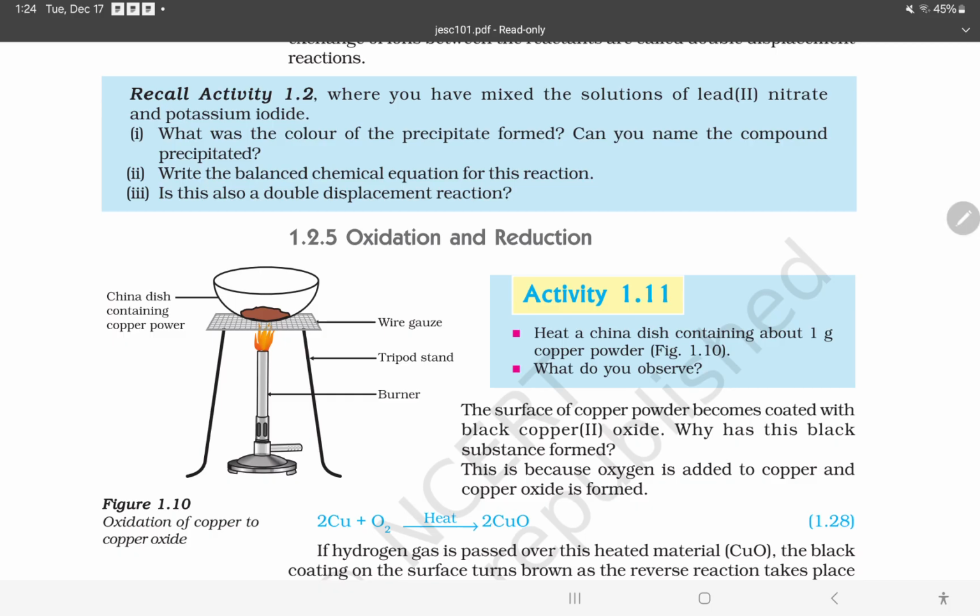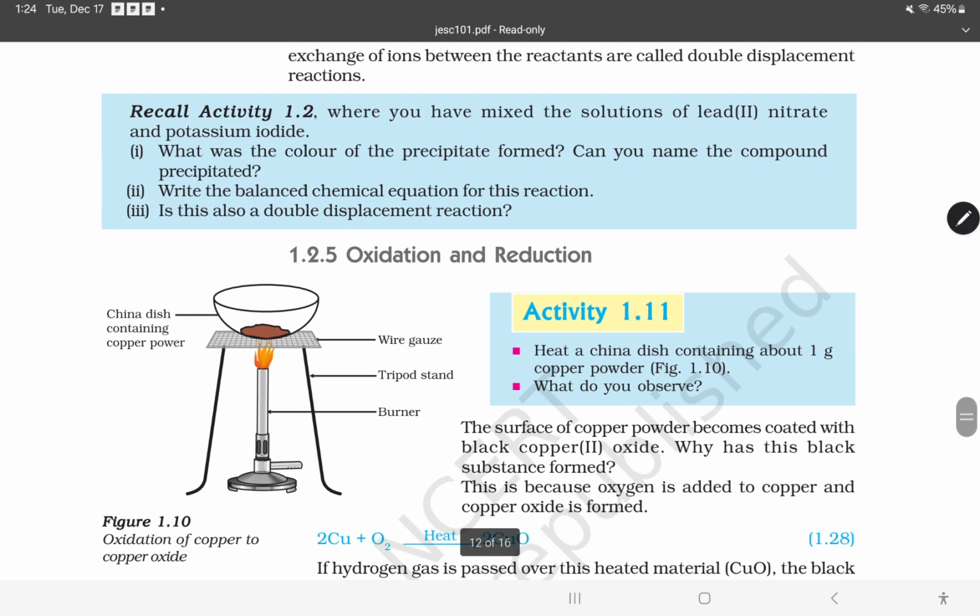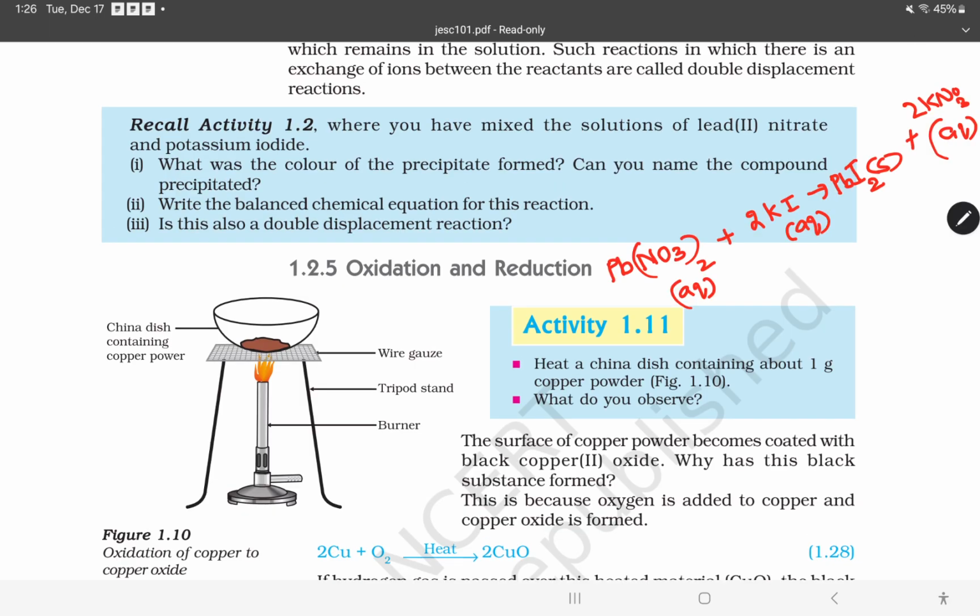So here if you take lead nitrate, Pb(NO3)2, that will be reacting with the potassium iodide. So lead nitrate is Pb(NO3)2, it is in the aqueous form, and that is getting reacted with potassium iodide, right? This is also a best example for the double displacement.